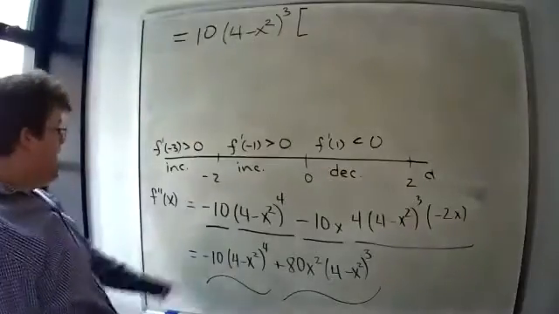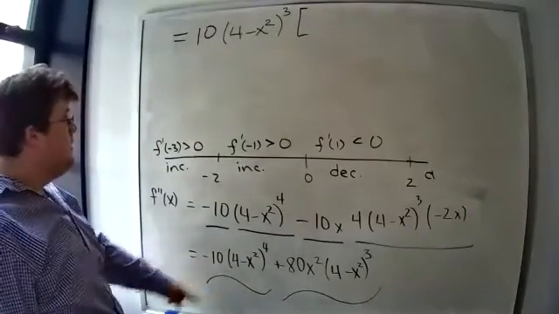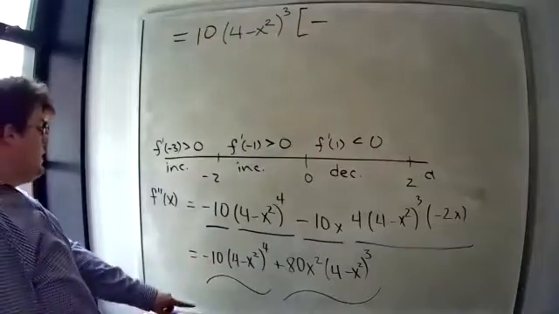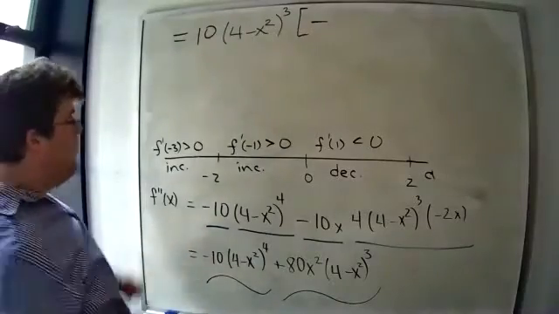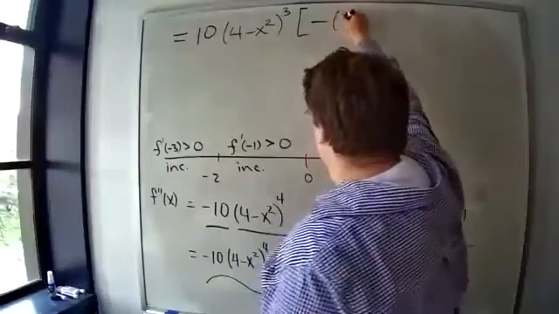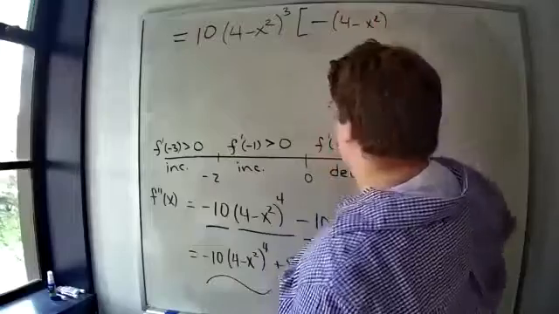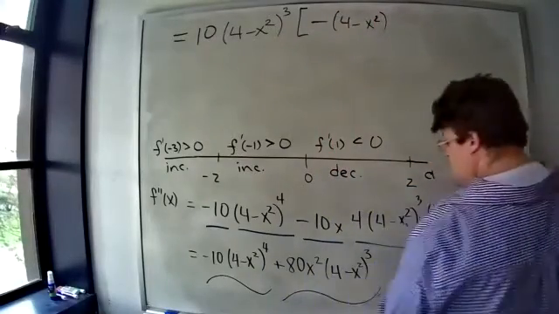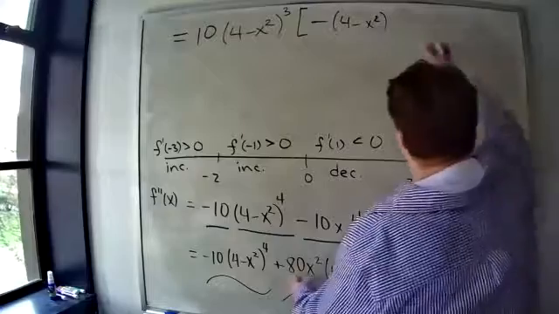And what are we left with? Well, we take the 10 off of this, we have a negative. We take 3 of those (4 minus x squared)s off of that, we're left with 1 of those (4 minus x squared)s. Take a 10 off of this, you have an 8.